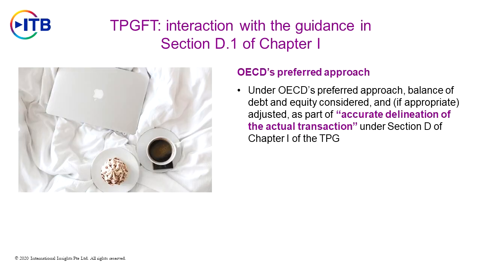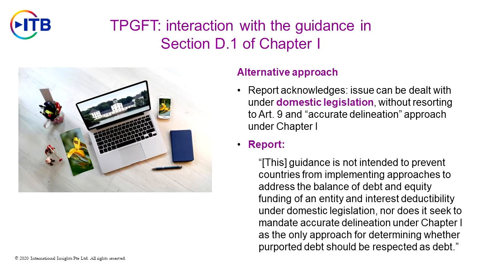Under the OECD's preferred approach, the balance of debt and equity would be considered and, if appropriate, adjusted as part of the accurate delineation of the actual transaction under Section D of Chapter 1. However, the report acknowledges that this issue can also be dealt with under domestic legislation without resorting to Article 9 and the accurate delineation approach under Chapter 1.